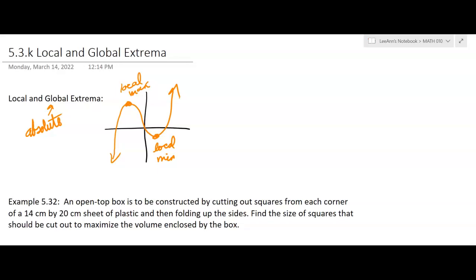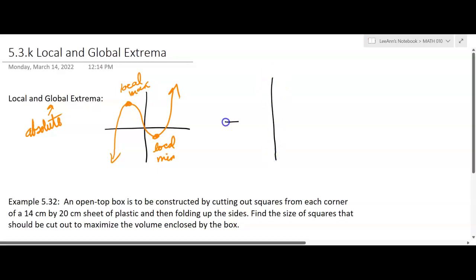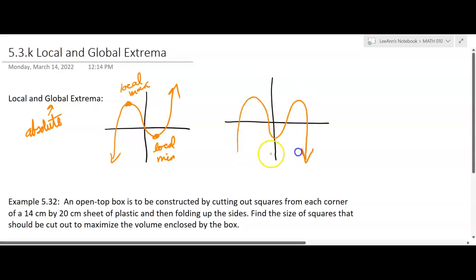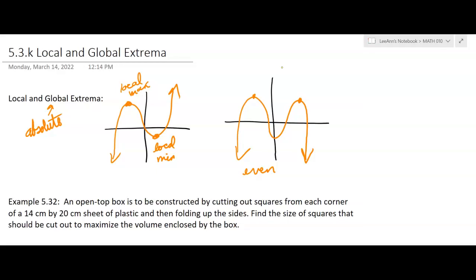Now, one thing that we want to point out, we haven't mentioned this before, you could have a graph that goes something like this. That would be an even polynomial function. And you can see that you have a global maximum. So by global or absolute, we mean that's the maximum point of all.